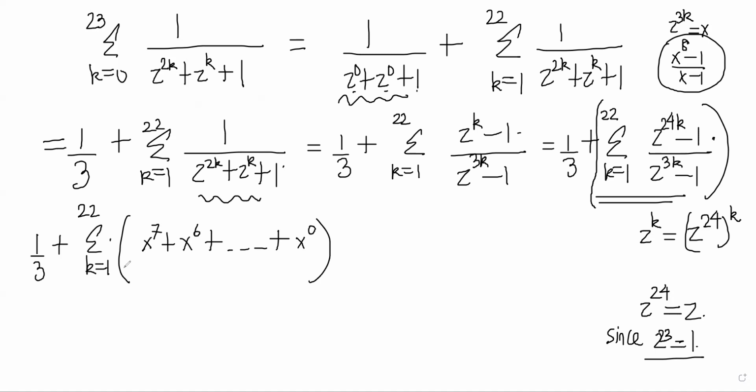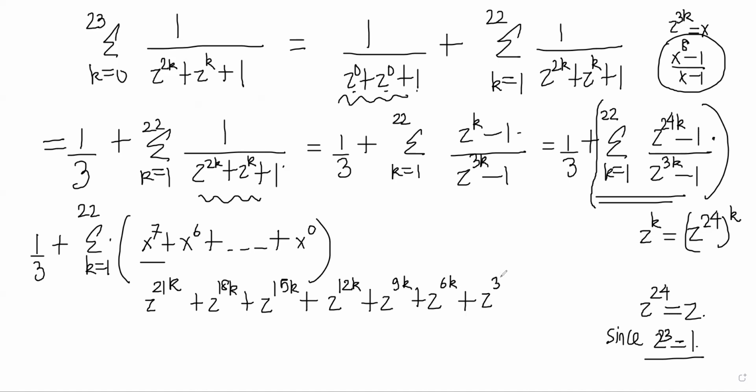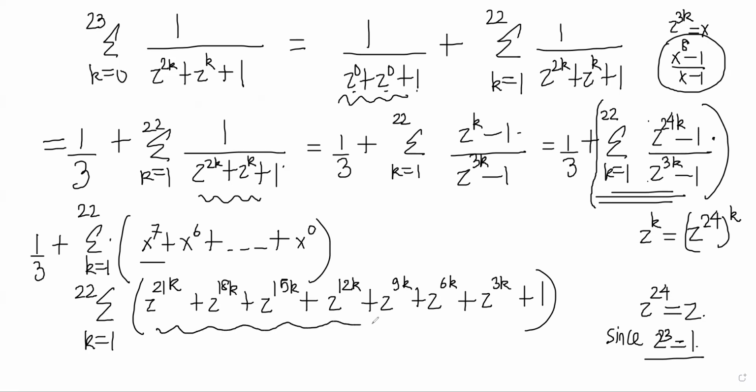So this is z power 21k plus z power 18k plus z power 15k plus z power 12k plus z power 9k plus z power 6k plus z power 3k plus z power 0k, that is 1. And the summation is from k goes from 1 to 22. After dividing the numerator by the denominator, this is what I am getting.